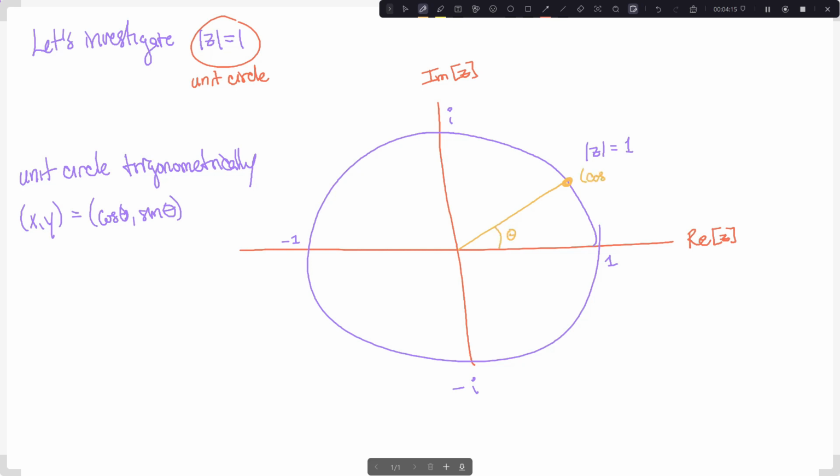This is the point (cosine theta, sine theta) in the regular xy coordinate plane. But now if I'm modifying my way to the complex numbers, I have the real part of z and the imaginary part of z, and actually this is really i times the imaginary part of z. I have cosine theta and i sine theta.